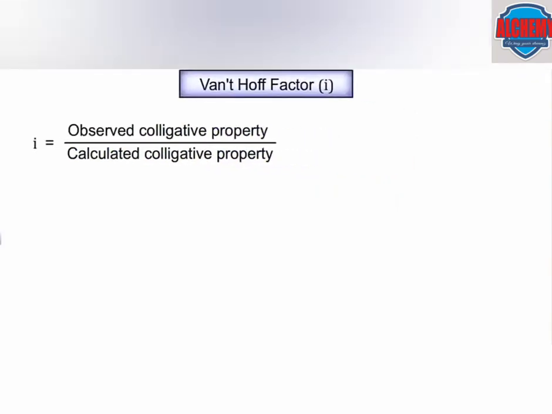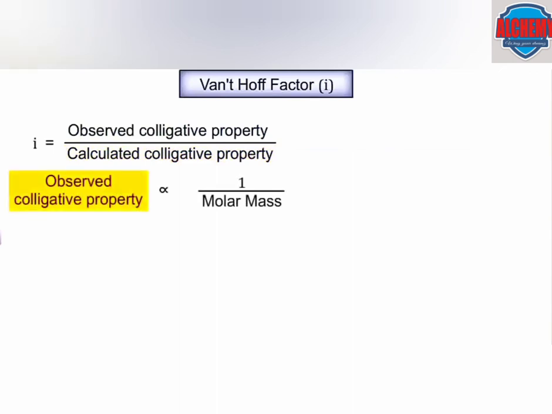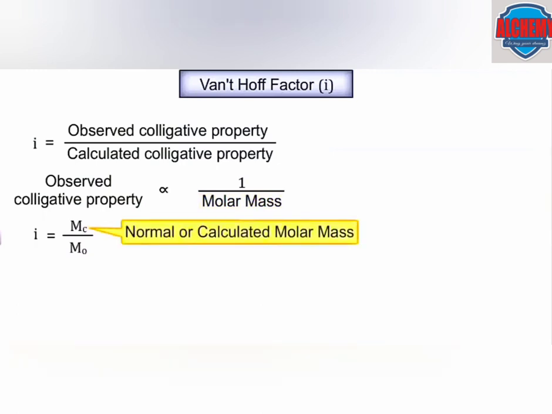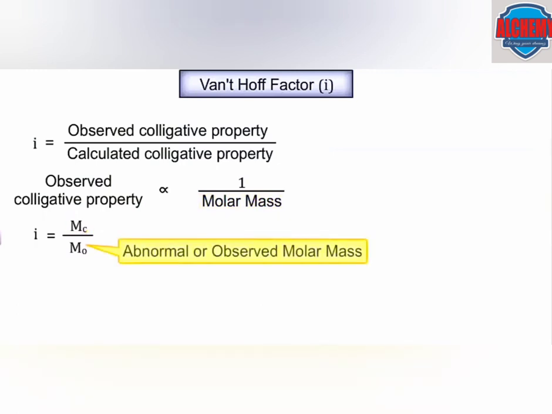The Van Hoff factor i is defined as the ratio between observed colligative property and calculated colligative property. We also know that the colligative properties are inversely proportional to molar mass. So, the Van Hoff factor i in terms of molar mass becomes normal or calculated molar mass divided by abnormal or observed molar mass.